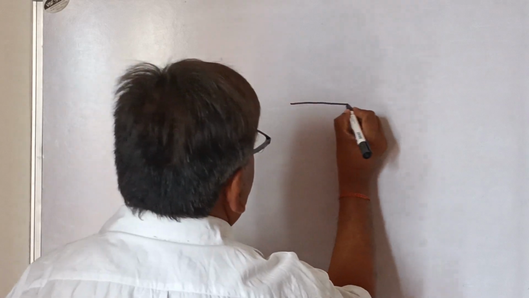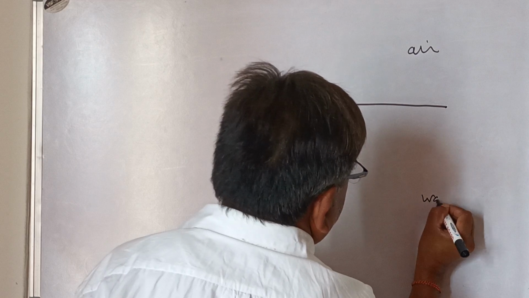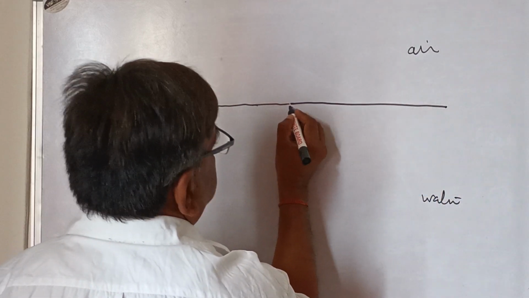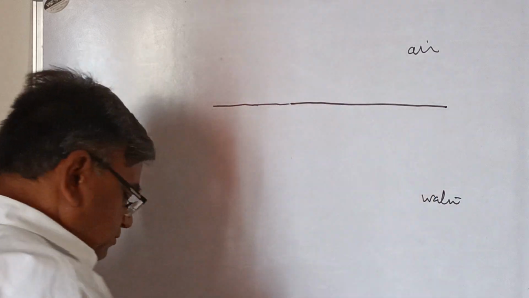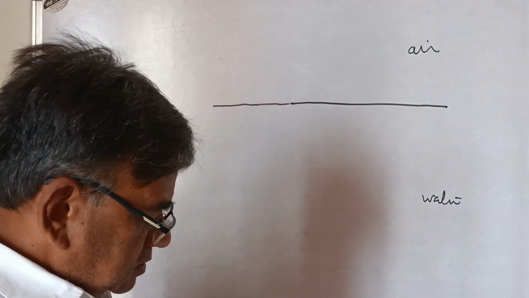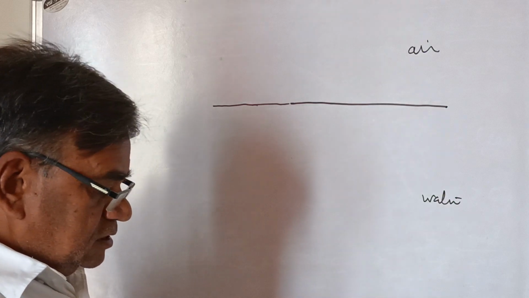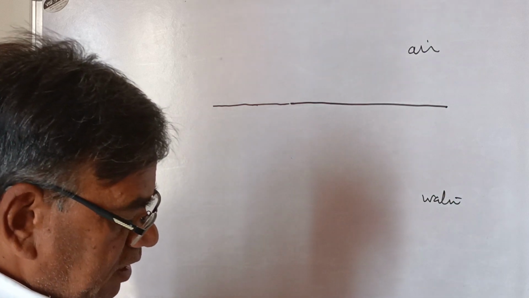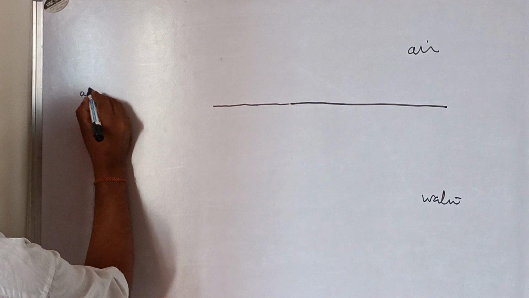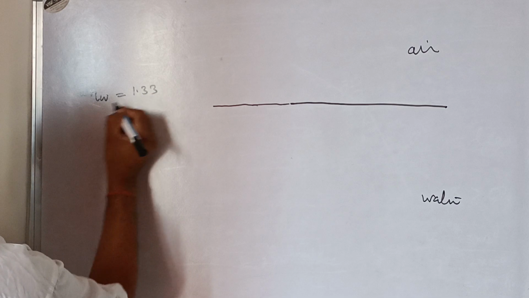So this side air, this side water. Let this be the pond, this is the top surface of water. What happens? Here it says refractive index of water for light going from air to water is 1.33, given. A n W is given, 1.33.